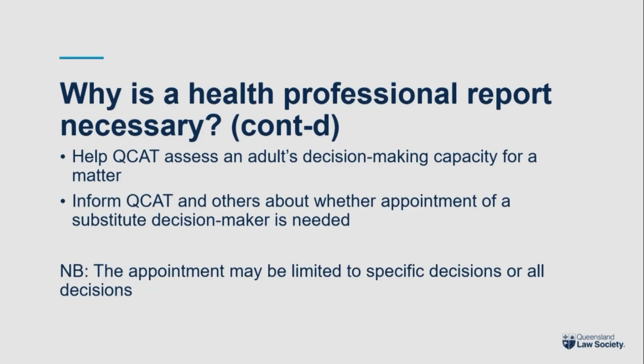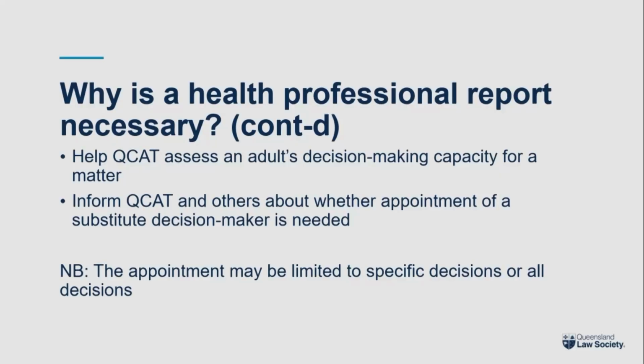And so the purpose of the health professional report in those types of matters, can you talk to us through a little bit about that? The purpose of the health professional report is to provide evidence to the tribunal, QCAT being the relevant tribunal, as to whether the person has decision-making ability and for what particular decisions.